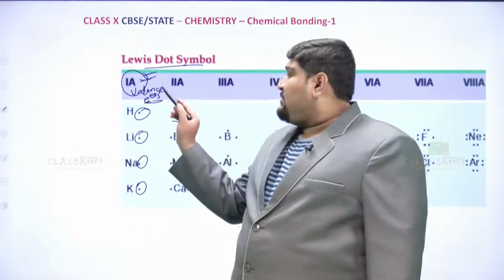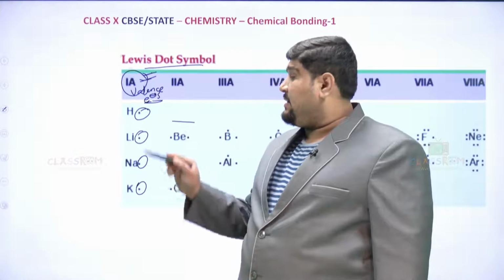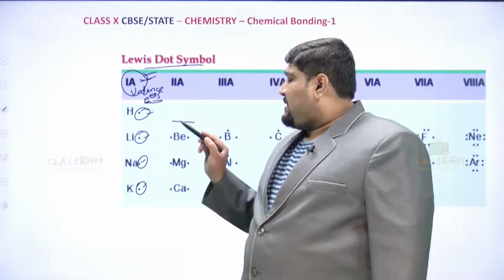So in the first group, the number of valence electrons in the outermost shell is 1.